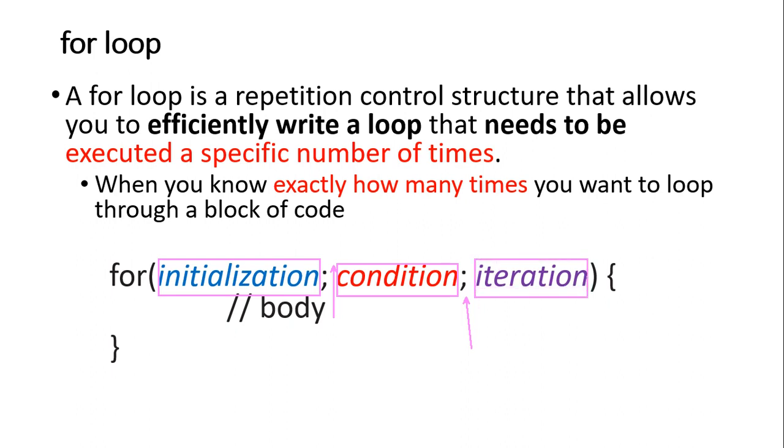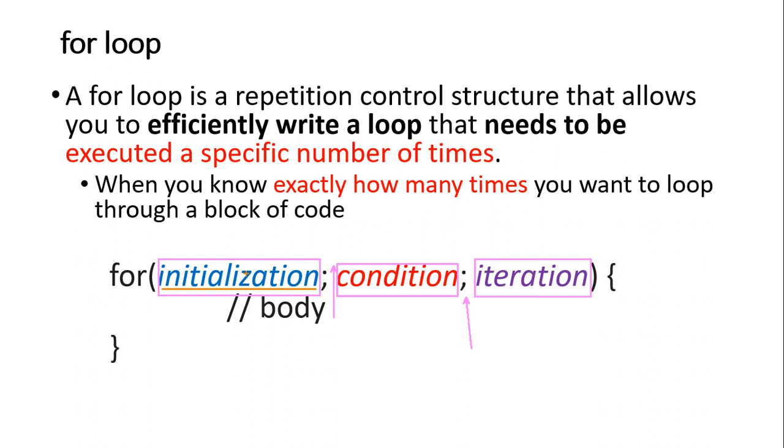And we have the last section that is called the iteration. The initialization is executed only once. Whatever you write over here will be executed only once. Then onwards, this part will not be touched, whereas the condition and iteration will be tested or executed again and again.